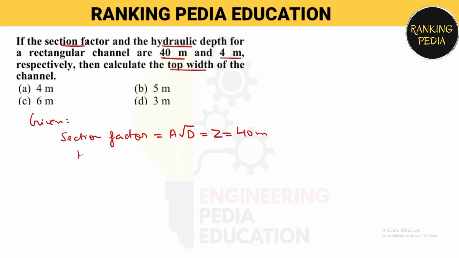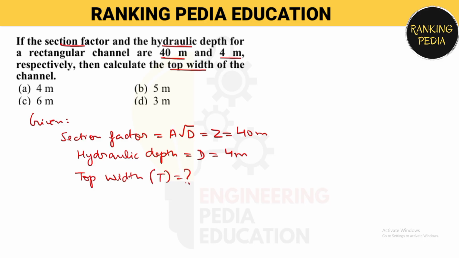Next, hydraulic depth is given, D is equal to 4 meter. We have to calculate top width, denoted by capital T. This thing we have to calculate.